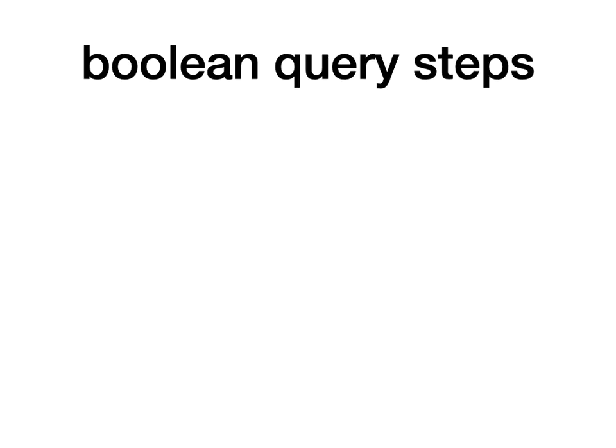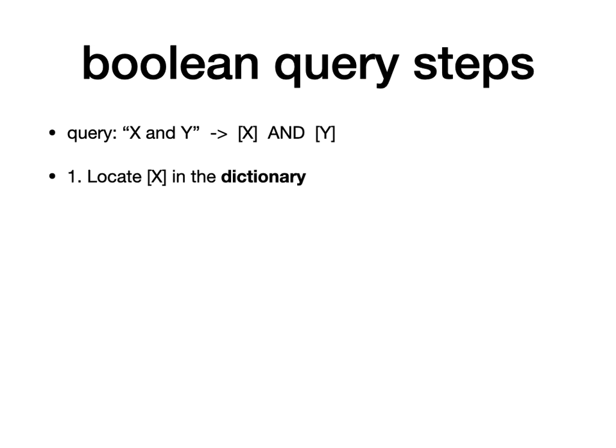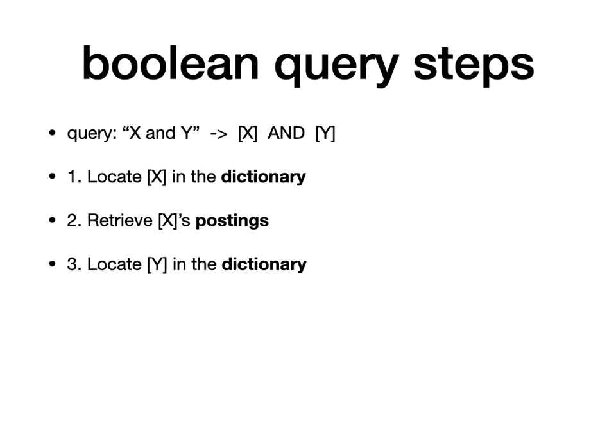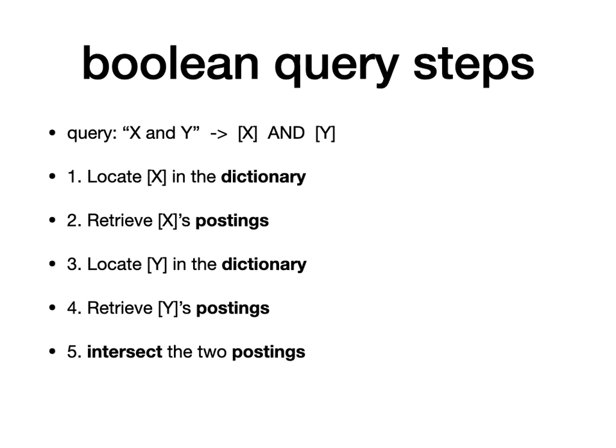So here we have query X and Y. The first step, go to X's term entry in the dictionary, get its postings, right? The list of documents where X lives. We'll go get Y from the dictionary, get its postings, and then we do the intersection. This will give us the results that contain both X and Y.